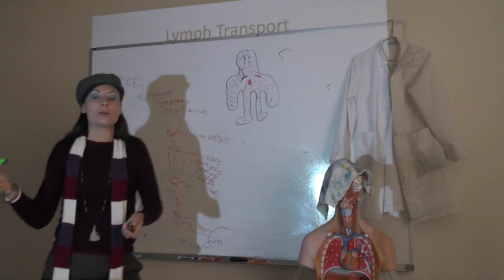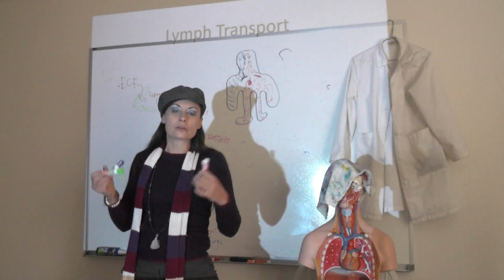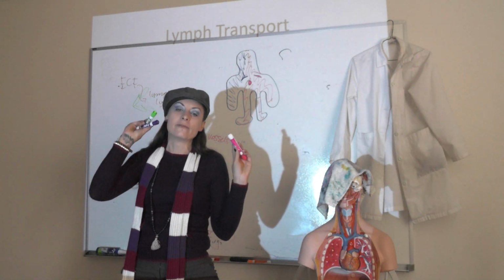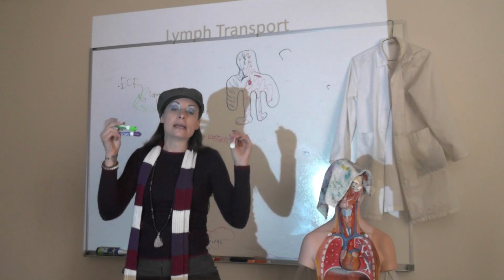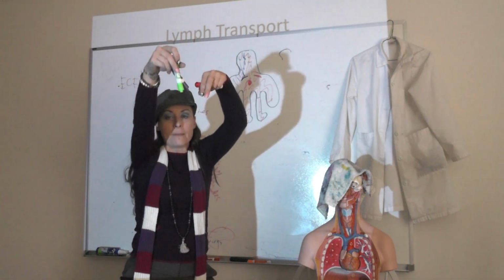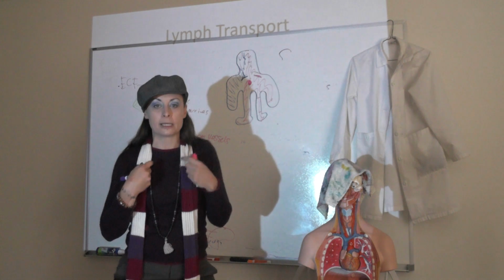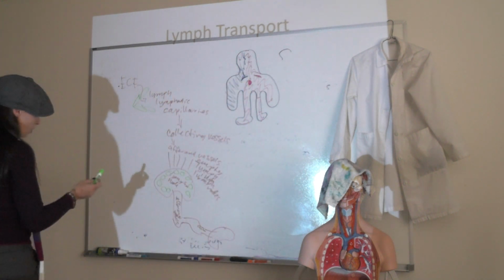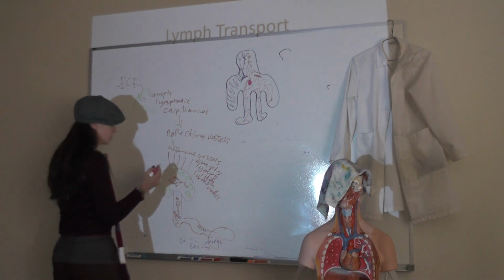All of our vessels are going to drain into lymphatic trunks. All of our lymphatic trunks are going to drain into lymphatic ducts. And now that fluid that is drained into the subclavian veins is lymph when it leaves the ducts and becomes blood plasma as it mixes with blood in the subclavian veins. So we go from our afferent vessels, from our collecting vessels.